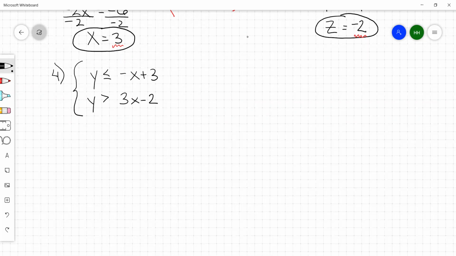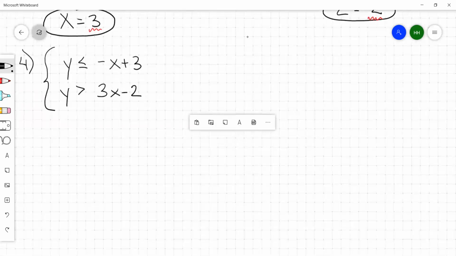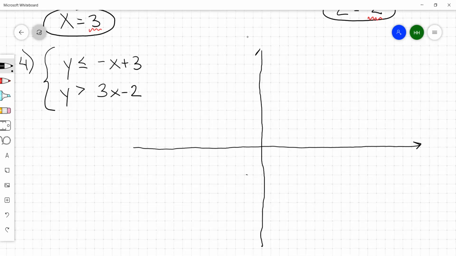All right, so we're going to put these on a coordinate plane. Let's see, there and there. X-axis, y-axis.